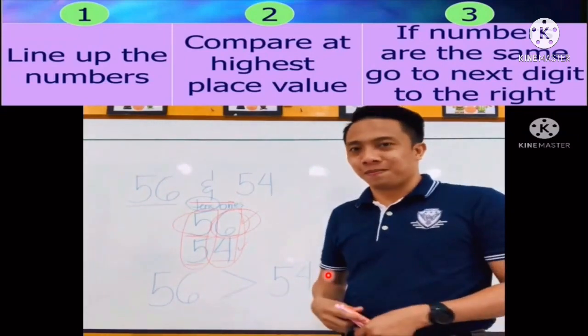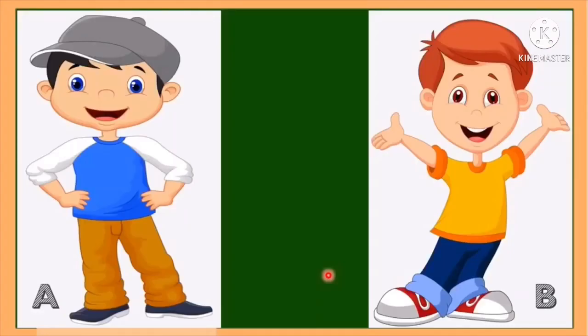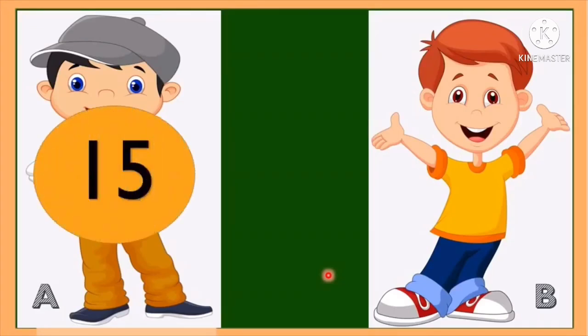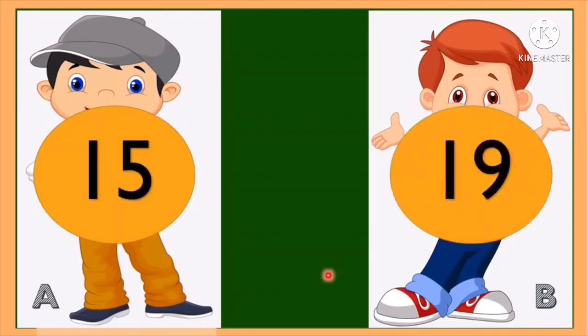Alright, so Teacher JP number 2 explains how to use these 3 steps. Now let's have some examples. Another boy A and boy B. Boy A has 15. Good. Boy B has 19. Now, if you were the crocodile, which one would you want to eat?